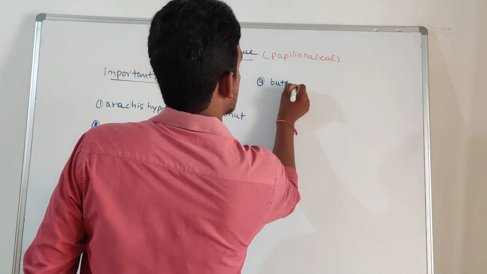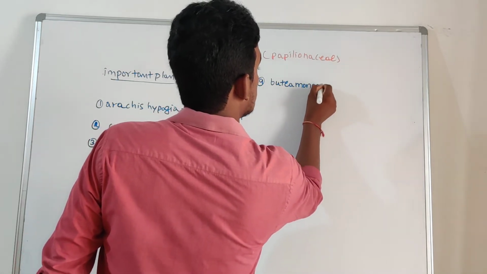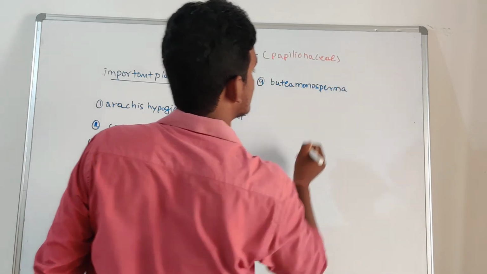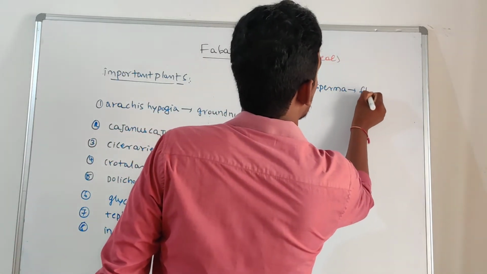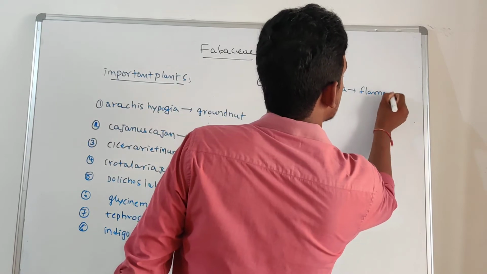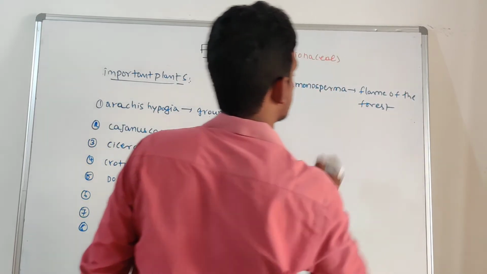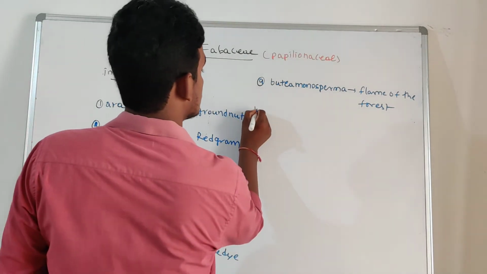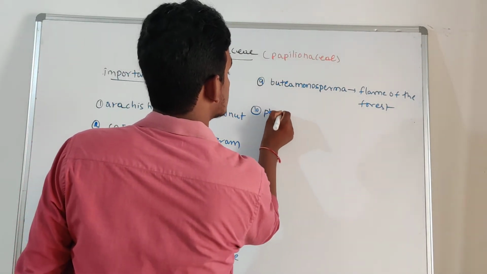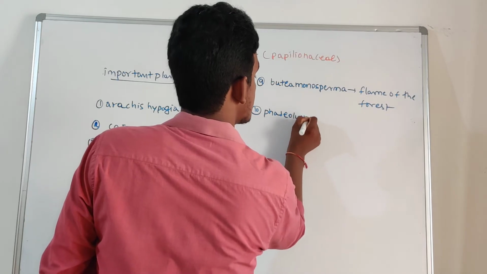Next one, Butea monosperma. It is also called the flame of the forest. Right? Phaseolus mungo.